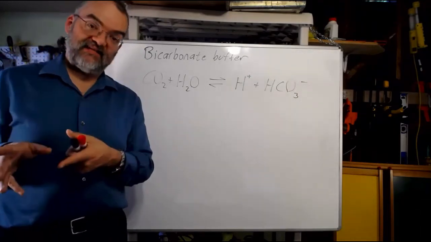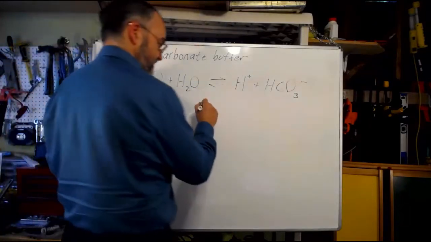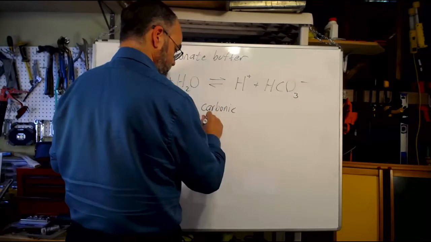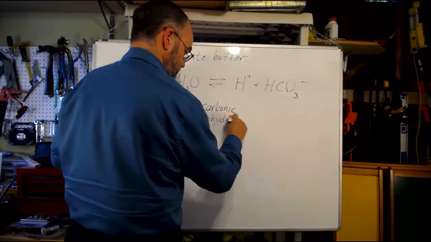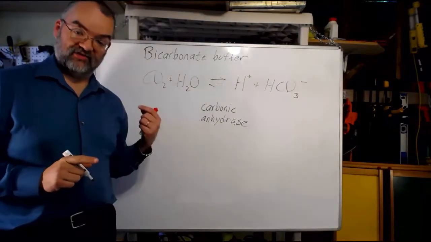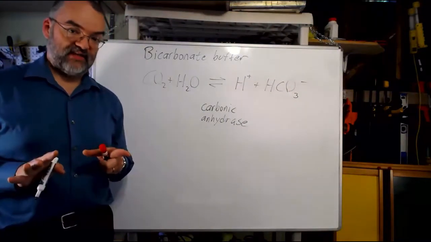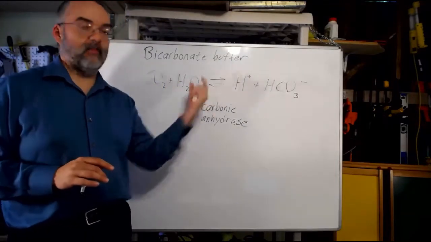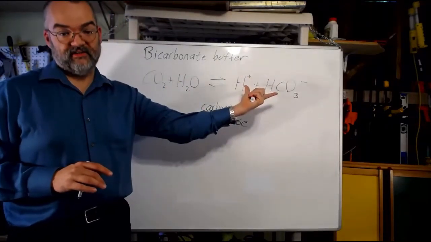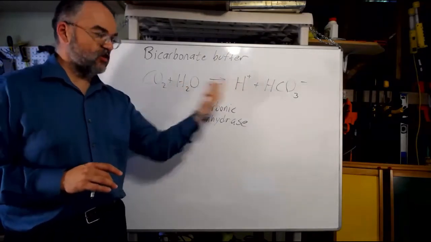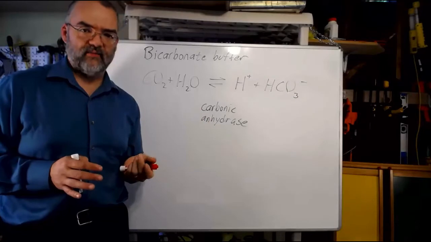Now, there's an enzyme called carbonic anhydrase, which catalyzes that reaction in either direction. And it's a very, very effective enzyme. It means that CO2 and water can very easily turn into carbonic acid, which becomes proton and bicarbonate, and vice versa.